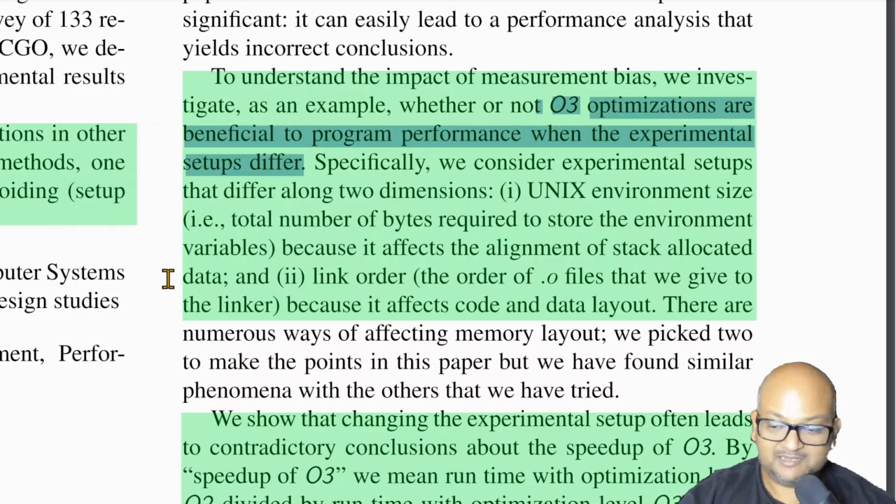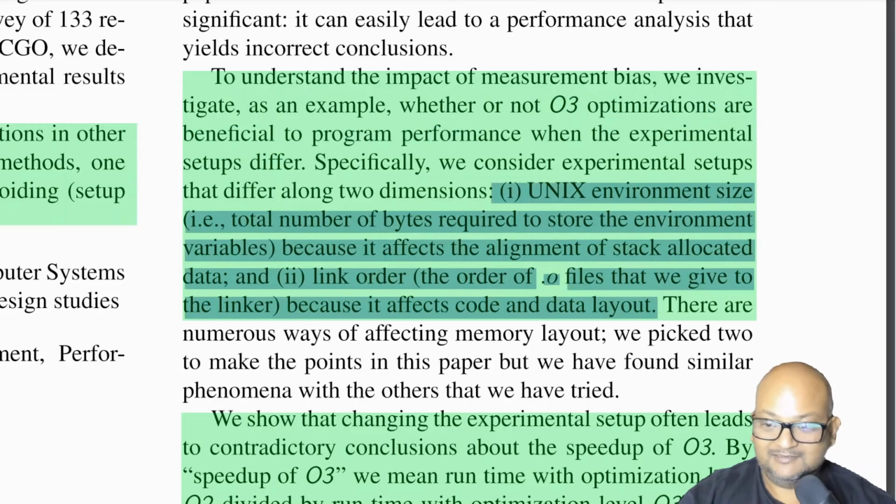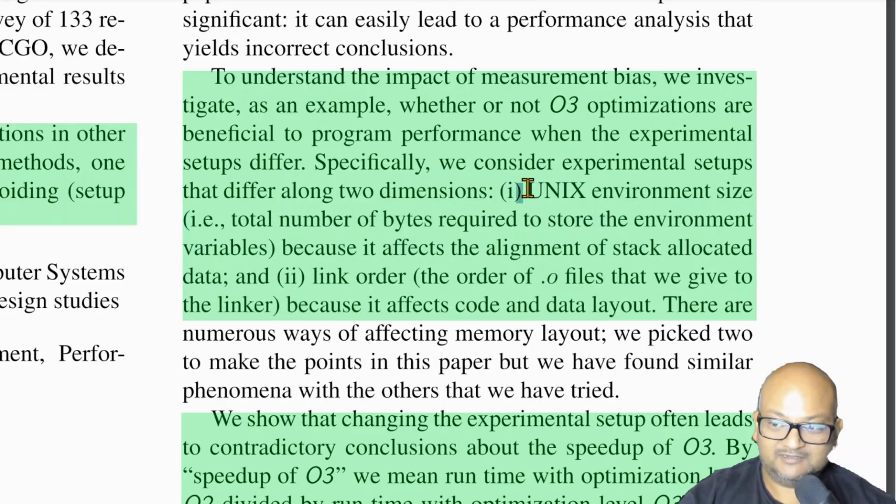It seems like a very simple toy experiment. And yet, extremely surprisingly, what the authors show over here is that two seemingly trivial and unrelated parts of the experimental setup completely swing the data in either direction.